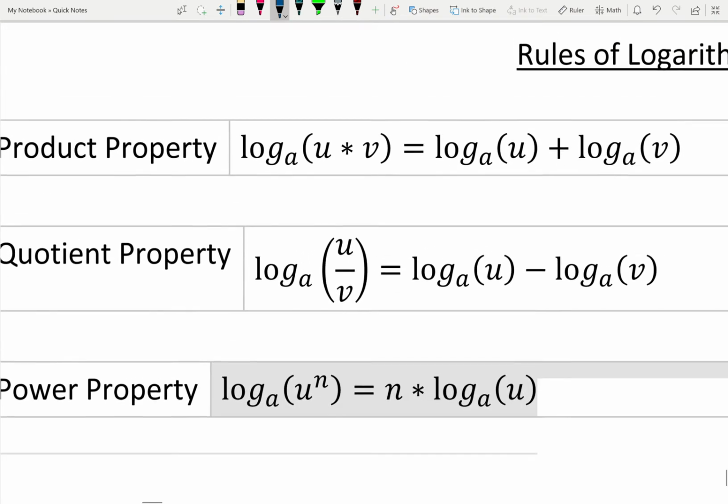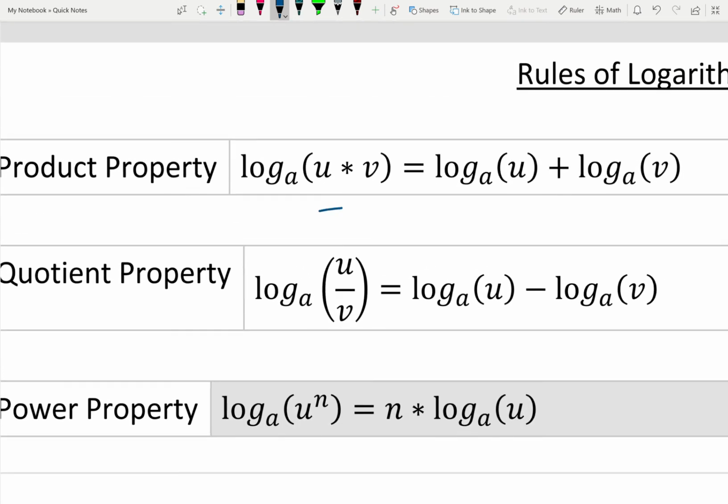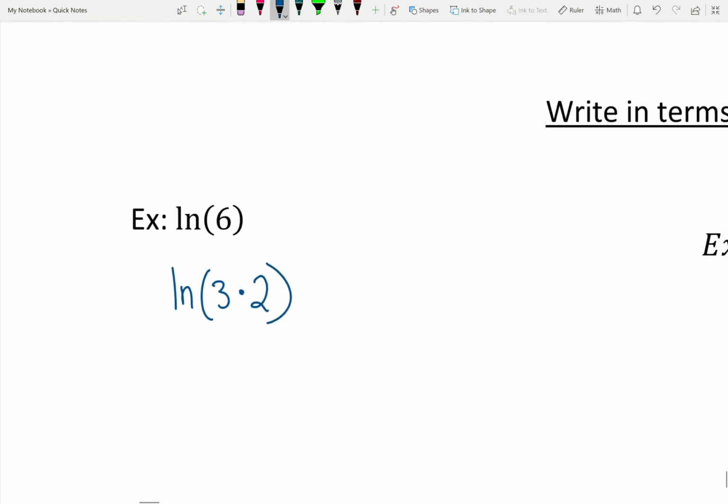So let's go ahead and use the product property right there. So it equals, I'm going to split up my product into ln of 3 plus ln of 2, into addition. Not bad, right? I feel like it's pretty straightforward.